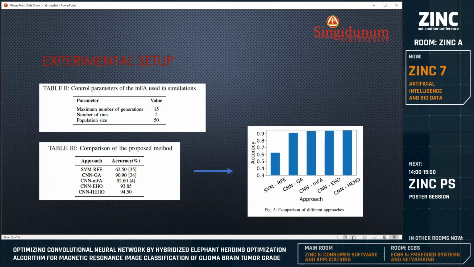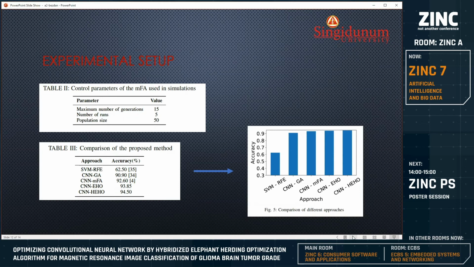And in Table 3 here, we can see a comparison of the proposed methods of different hybridized and used algorithms. As you can tell here, the CNN with the HEHO has the highest accuracy versus just the original EHO algorithm, and it increased by 0.65%.